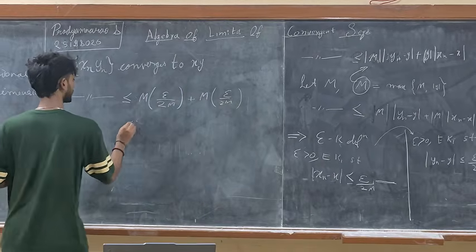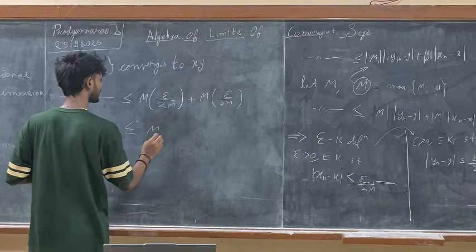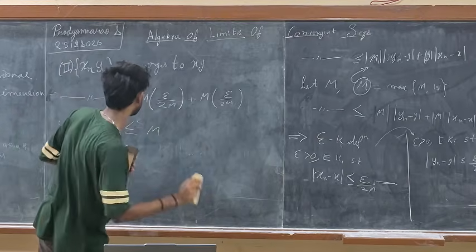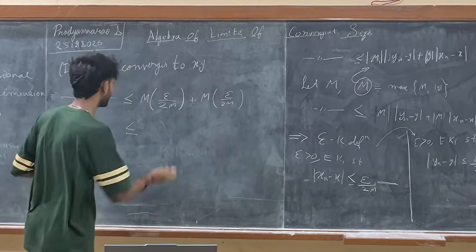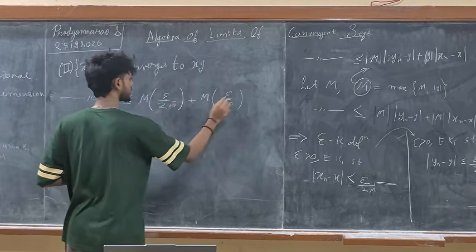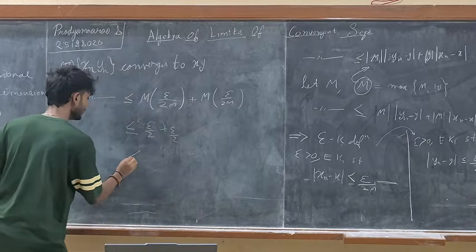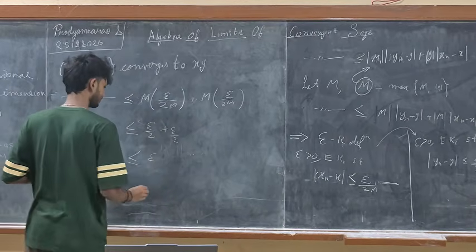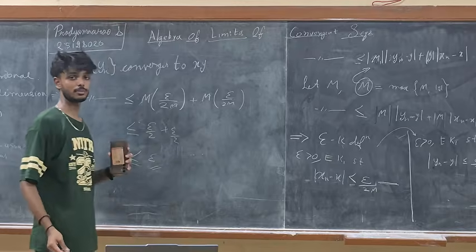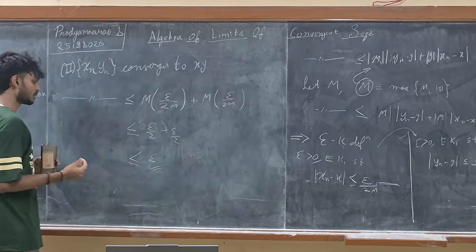So simplifying this further, m gets cancelled and m gets cancelled. So we'll have epsilon by 2 plus epsilon by 2, which is less than or equal to epsilon. Now note that epsilon is an arbitrary positive constant.